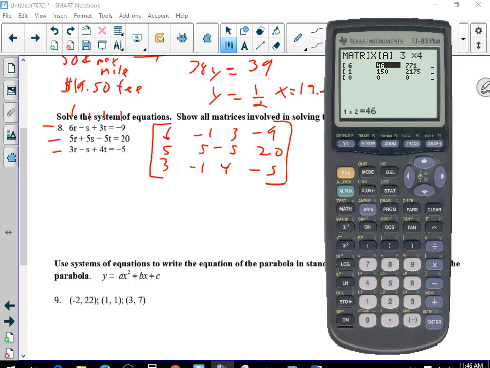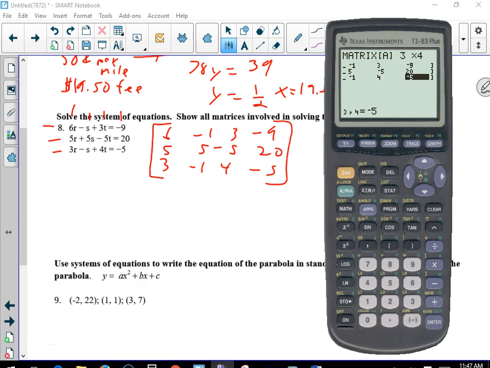6, -1, 3, -9. 5, 5, -5, and 20. 3, -1, 4, -5.